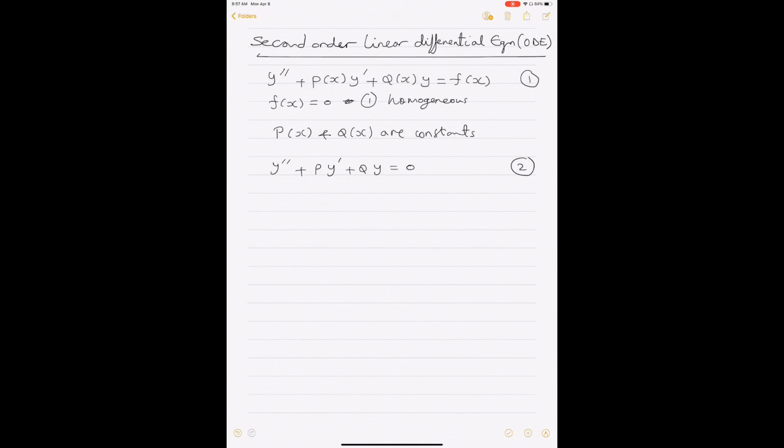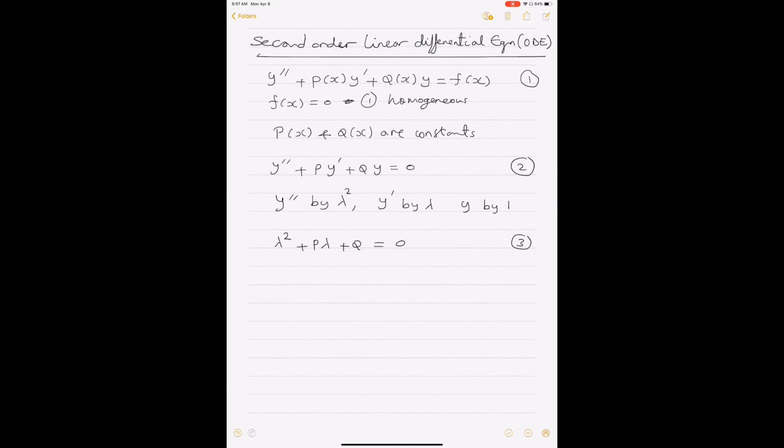In this way, we will replace y double prime by lambda squared, y prime by lambda, and y by lambda to the power 0, which is 1. So this gives us lambda squared plus p times lambda plus q equal to 0.